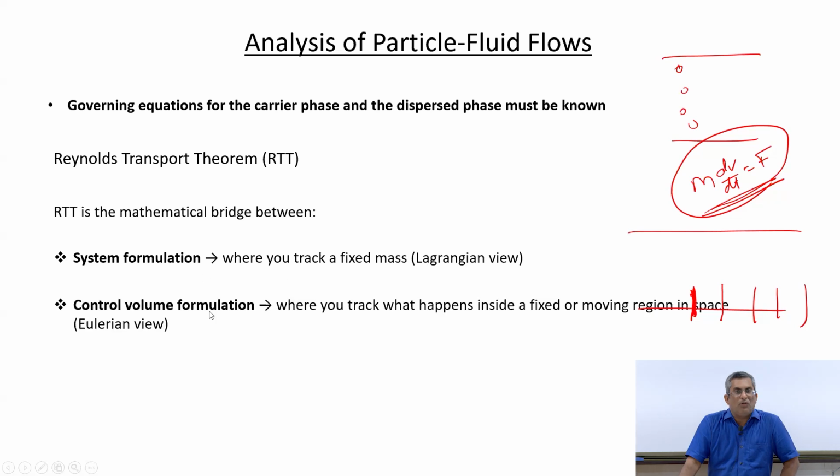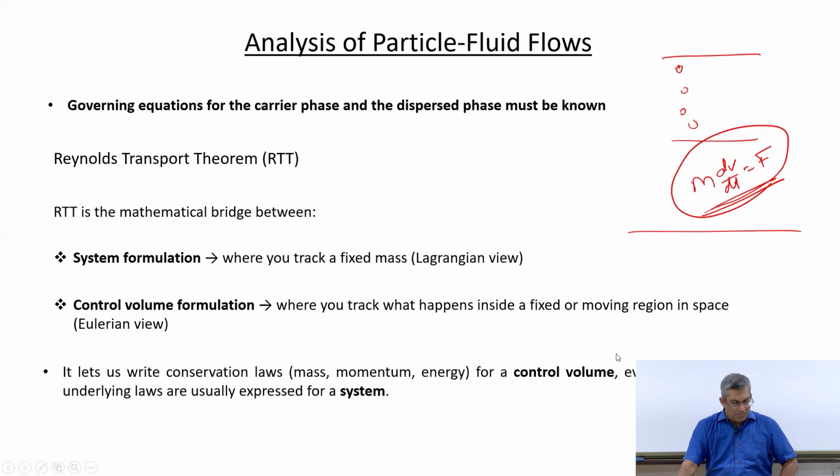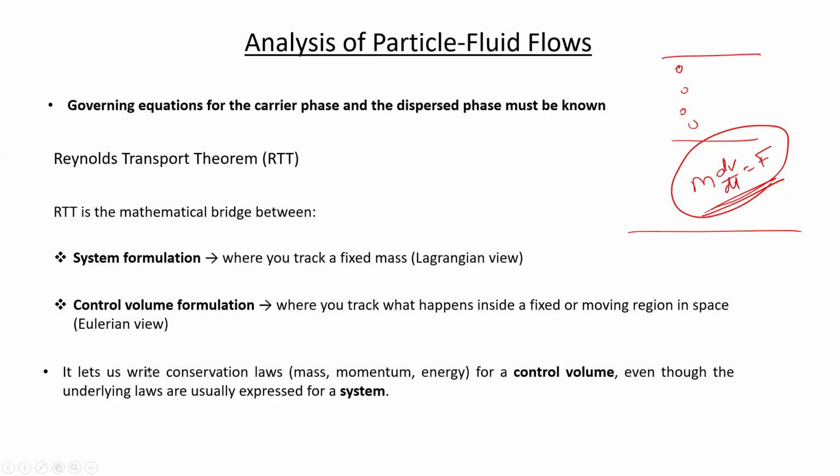Then we have the control volume formulation where you track what happens inside a region in space, which is the Eulerian point of view. The Reynolds transport theorem, as we will see, allows us to write the conservation laws of mass, momentum, and energy for a control volume, even though the underlying laws are usually expressed for a system.